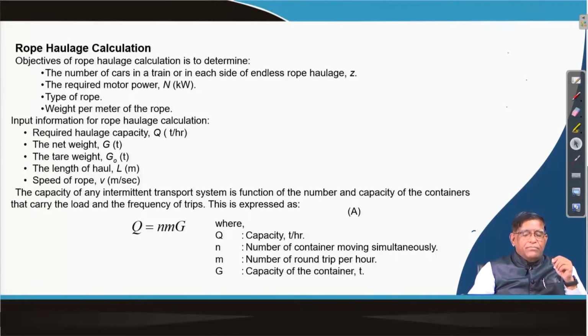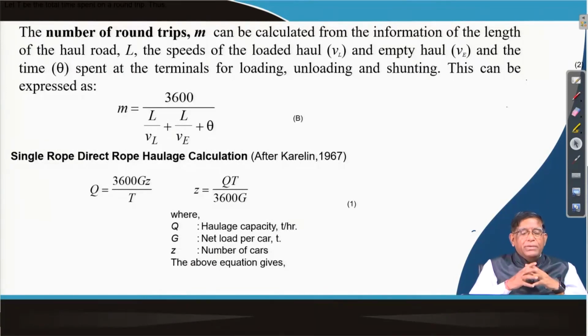Then you can find out how many round trips there will be. It will depend on the length, and on the speed at which the loaded tub has to go, and then the speed when the empties are going down, and then some time for loading and unloading. So you can find out the time, in seconds, lost there.